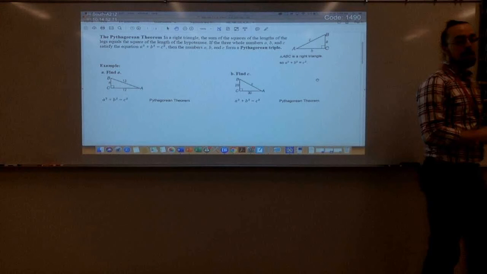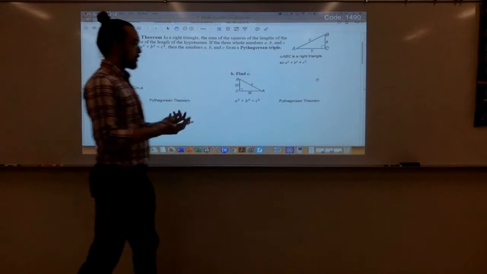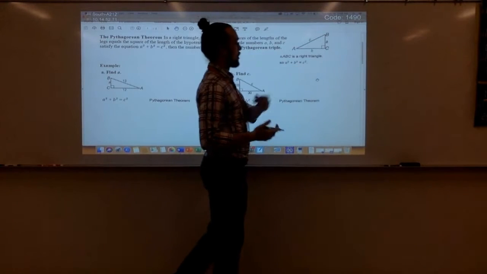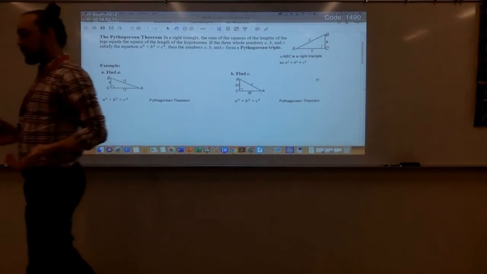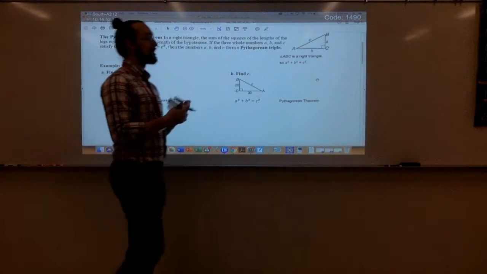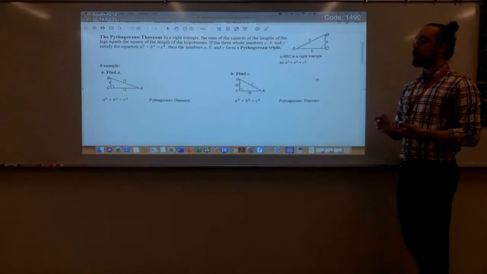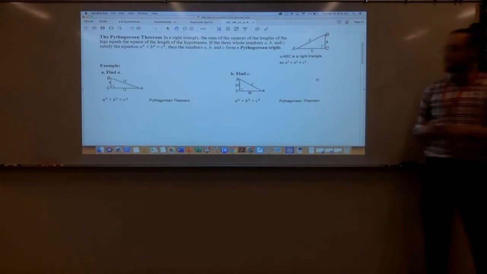Alright, so let's now take a look at a few practice problems solving for missing sides in right triangles. Okay? We just proved this relation: a squared plus b squared equals c squared, where a and b are the two legs of a right triangle. That's really the only part that students mess up sometimes.